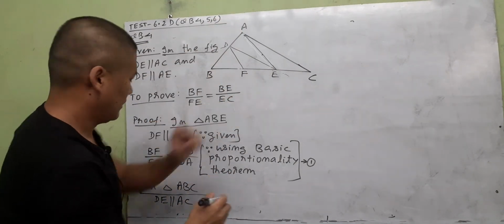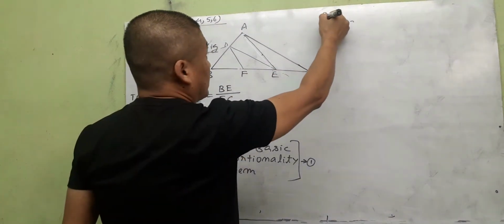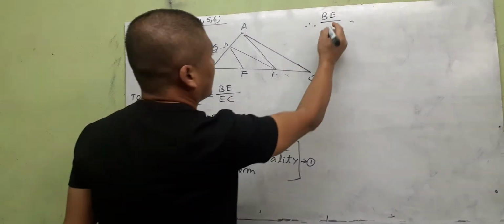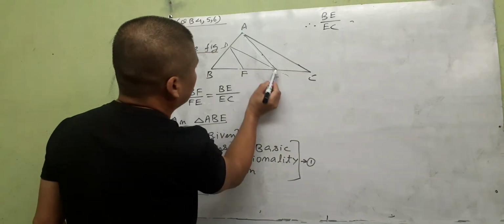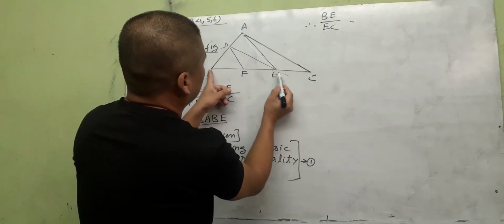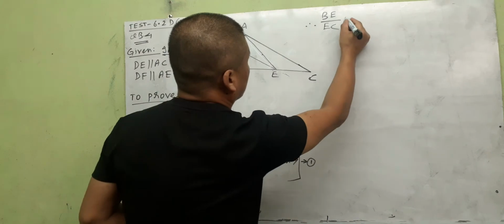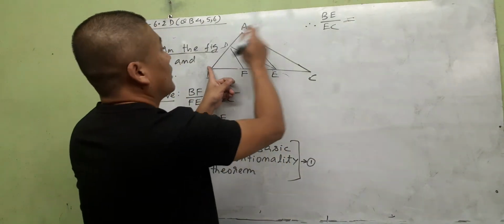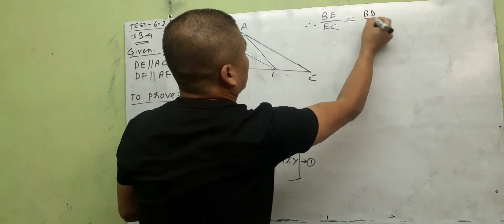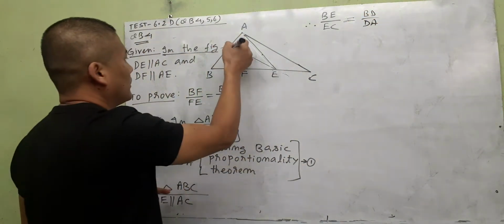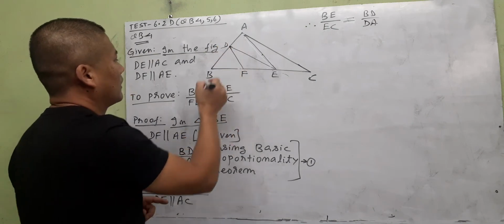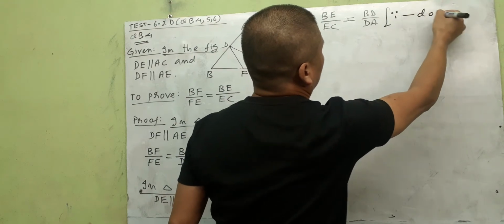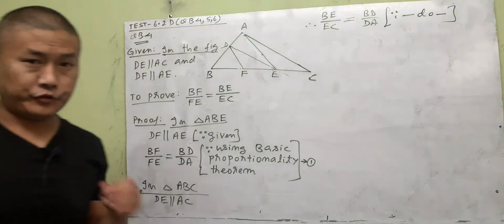So BE by EC is equal to BD by DA. This reason is because of the same theorem, the basic proportionality theorem.